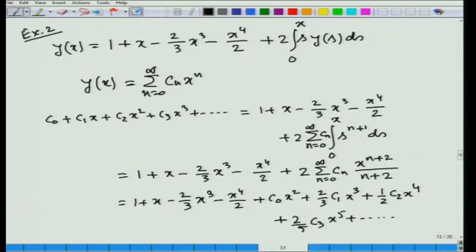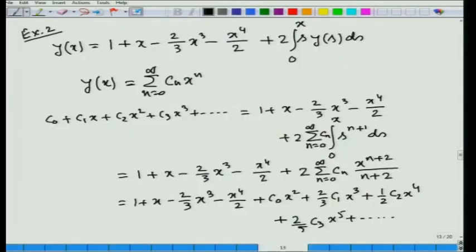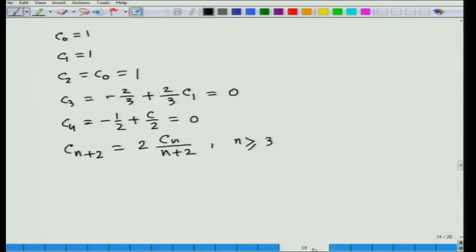So, from x to the power 5 and onwards we can write the general recurrence formula. From the left we are getting the coefficient of x to the power n plus 2 as simply C n plus 2, and on the right hand side the coefficient of x to the power n plus 2 is actually 2 C n divided by n plus 2. Now, this result is valid for n greater than or equal to 3.